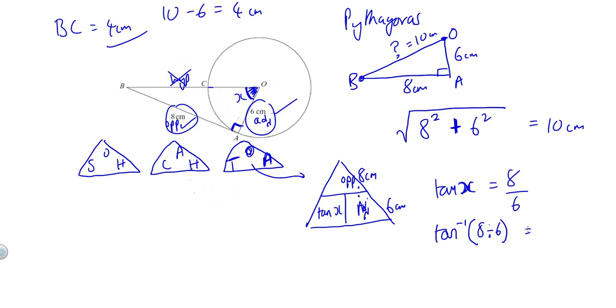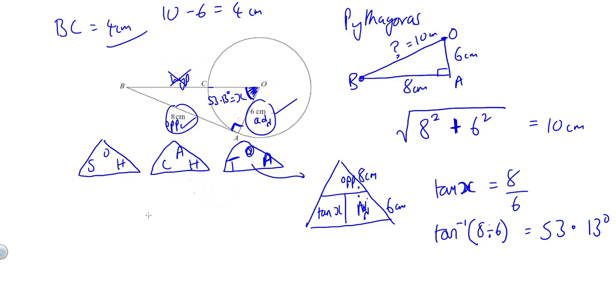Remember, you don't always have to shift tan or shift cos or shift sin. You only do that when you're trying to extract the angle, not when you're working with the angle. So don't use the shift then. I get 53.13 degrees. So the angle x is equal to 53.13 degrees.